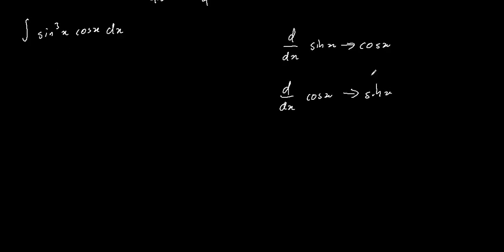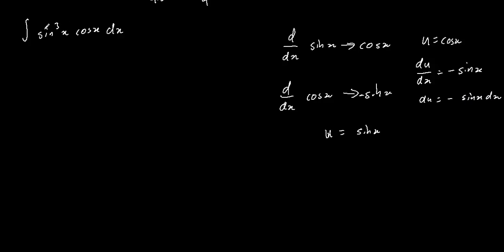Here, the smart choice is to use u equals sine x, because if we use u equals cos x, right? I'll show you the issue here, yeah? u equals cos x, then du/dx is equal to minus sine x. And then du equals minus sine x dx.